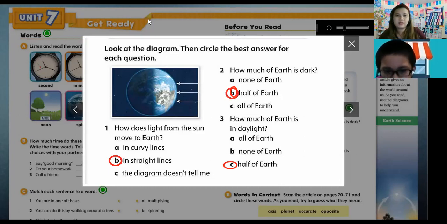So if you look at the diagram, in this area of the Earth, it's daytime. The sun is shining in this part of the Earth, while in this part, it's nighttime.